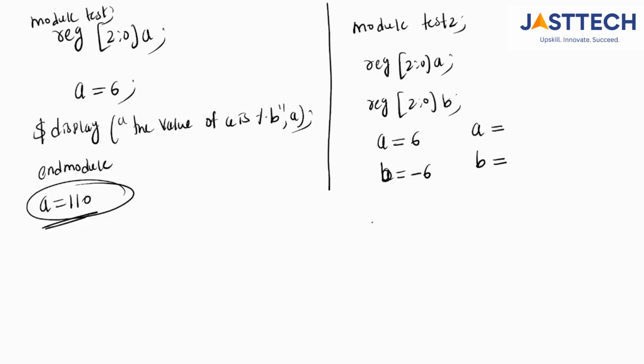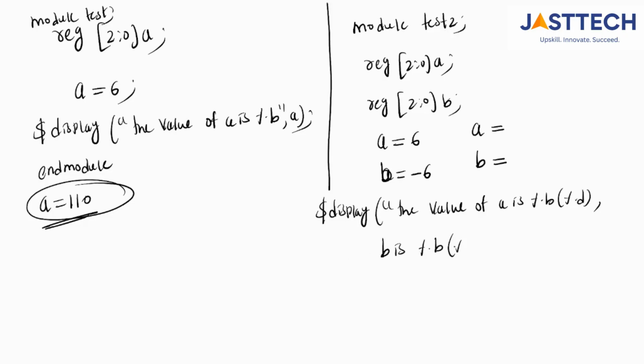Suppose I want to display: $display the value of a is %b, b is %b, a, b, endmodule.